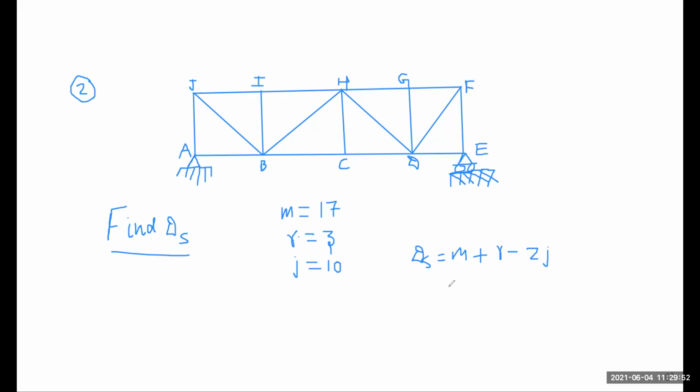So you use here 17 plus 3 minus 2 into 10, that means 20. Addition of 17 plus 3 is 20. 20 minus 20, you got 0.